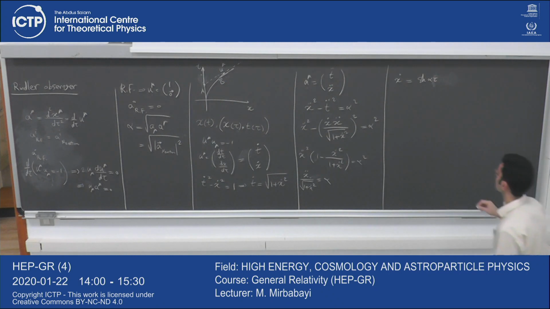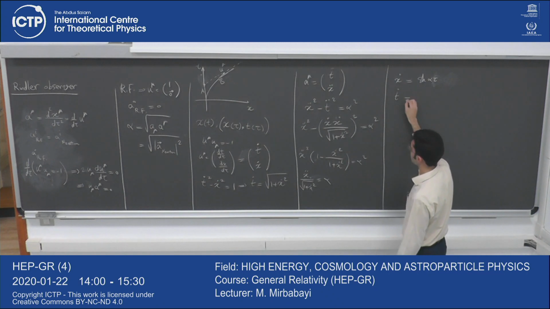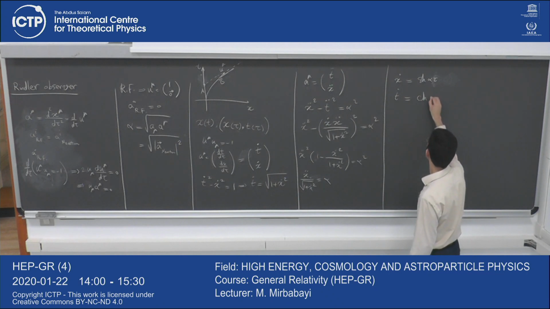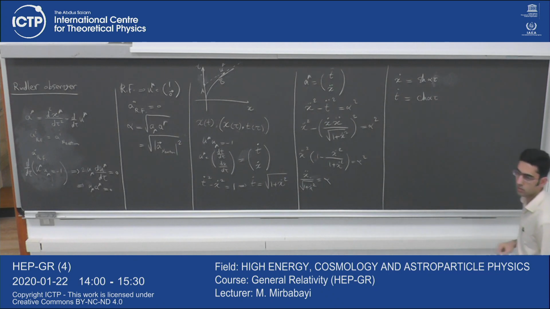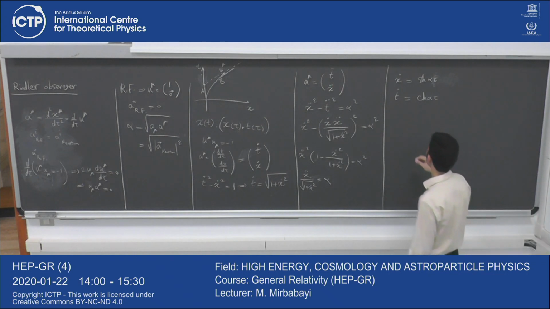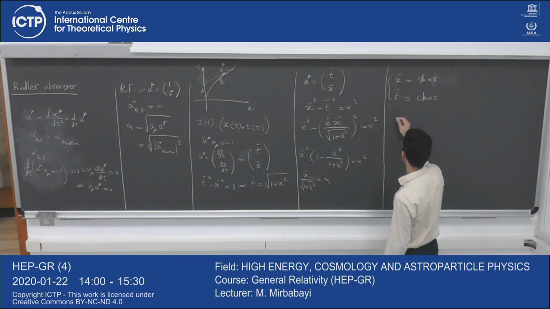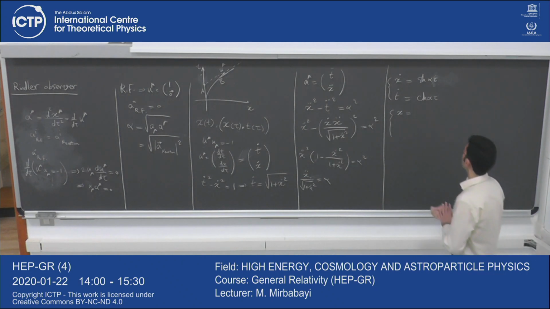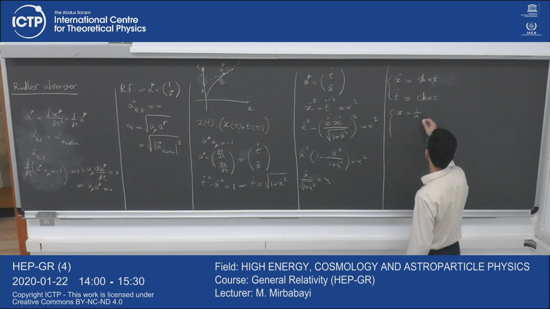So we have X dot, and then T dot is determined from here. It's given by cosh alpha tau. And then from here we can integrate once more to get the trajectory. So the trajectory x of tau is equal to 1 over alpha times cosh alpha tau minus 1.